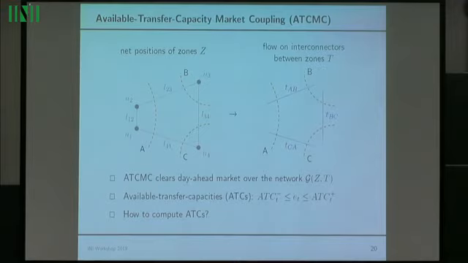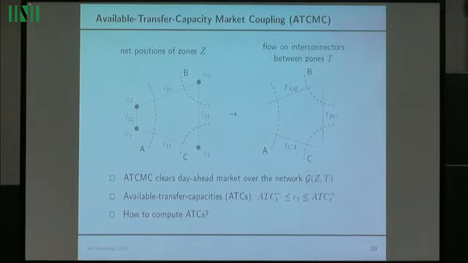But before I go to the simple example, let me also talk about the ATC model. So that was the flow-based model. In the ATC model, the idea is that we're lifting from the nodal net positions into the space of bilateral exchanges, and then we're imposing these box constraints on the space of bilateral exchanges.